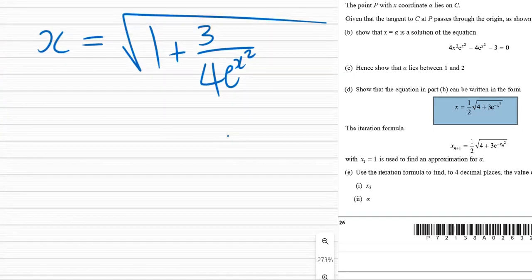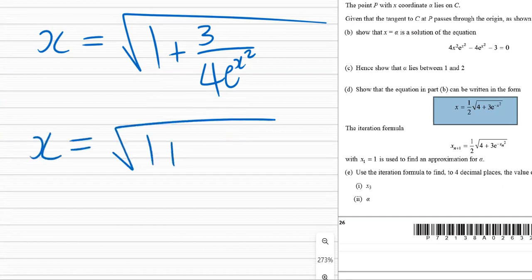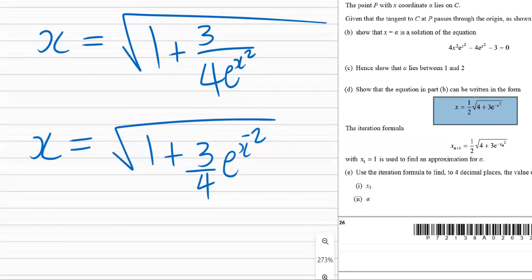If we write this in the numerator, we get x equals the square root of 1 plus 3 over 4 e to the minus 2. Oh, excuse me, the whole thing, e to the minus x squared.